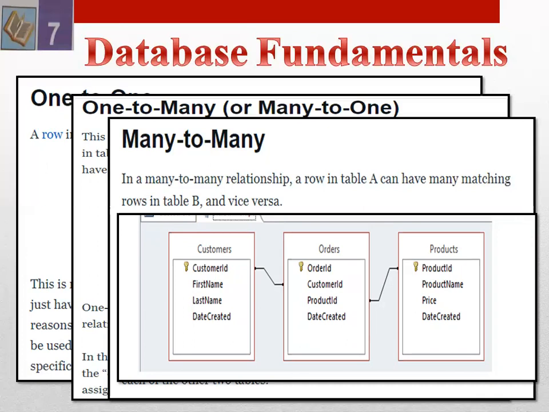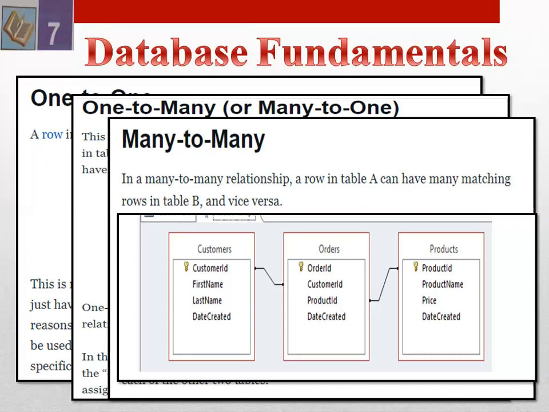If this wasn't the case, then we could have orders for customers that don't actually exist. We could also have orders for products that don't exist. Not good for referential integrity. So it means that they are dependent on each other. So customer, order, and products can return many to many records.